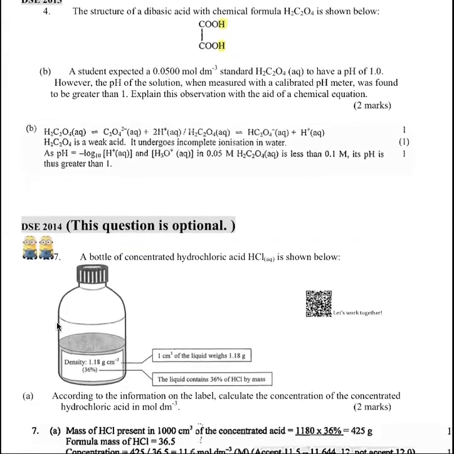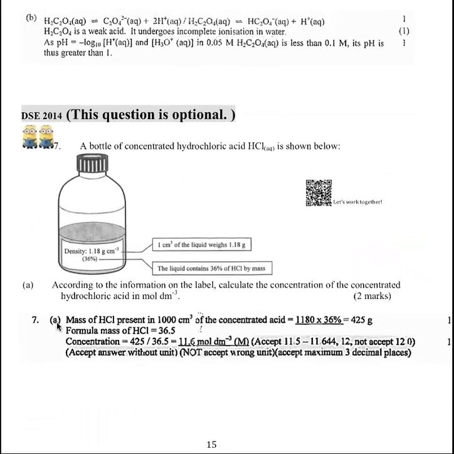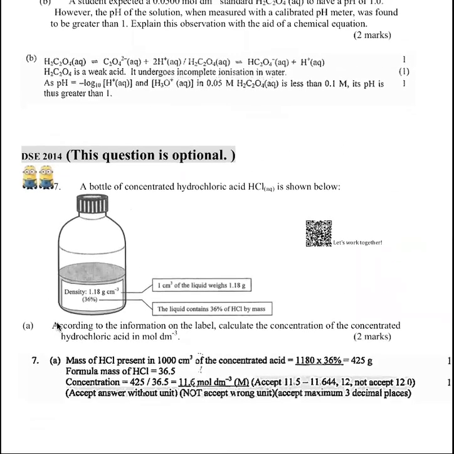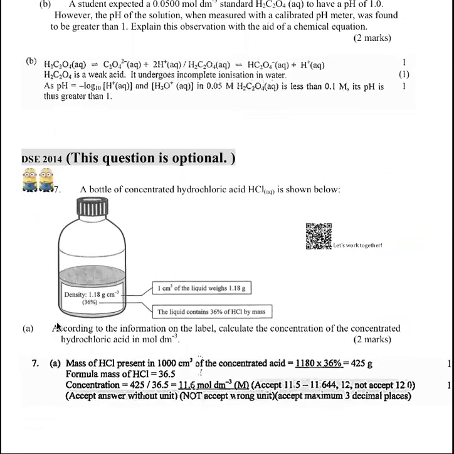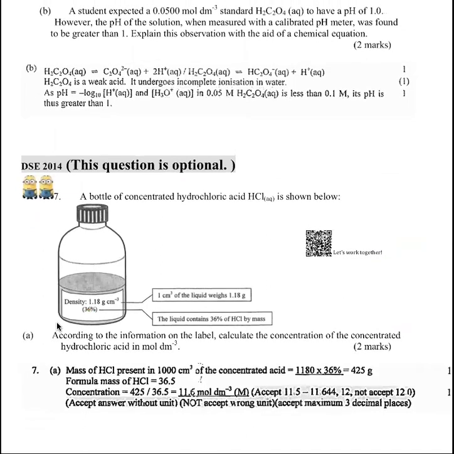And the optional question, I want to go through it with you. For this one, I will write my calculation here. The label data for this solution says the density is 1.18 gram per cm cube, and the liquid contains only 36% of HCl.